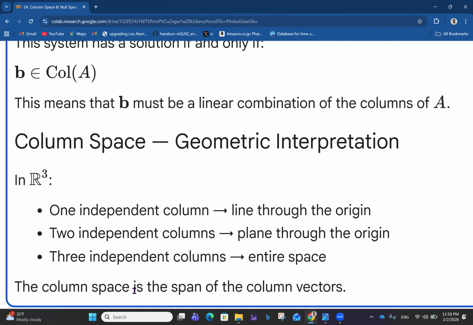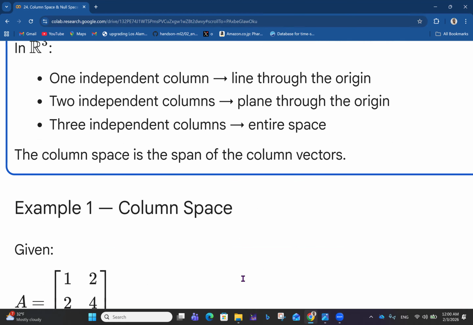Now, independent is key here, because if the columns are dependent, they are basically the same. Three dependent columns will still be a line, because the other columns are not adding any new information. So the column space is the span of the column vectors, like we already know.